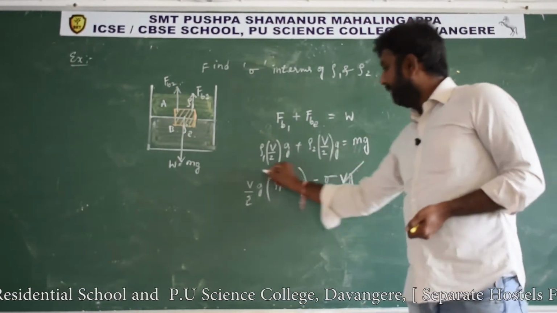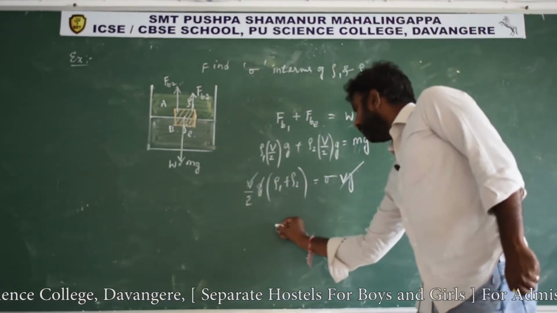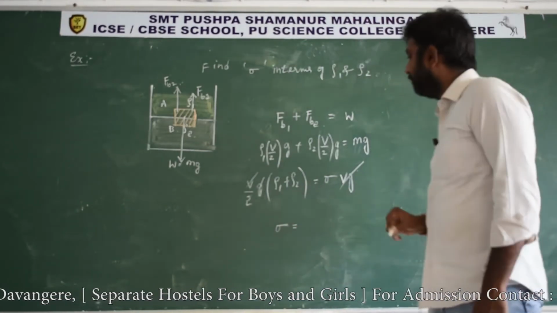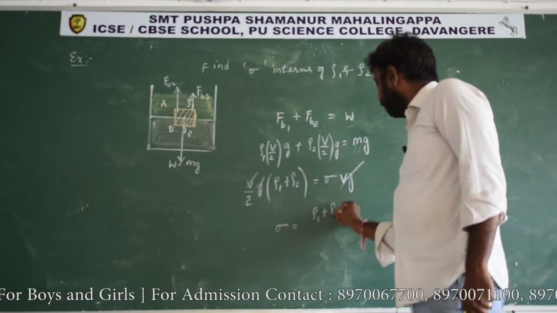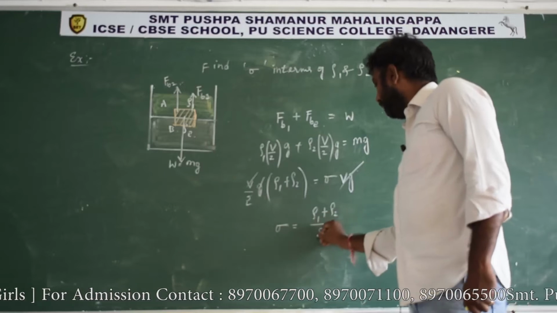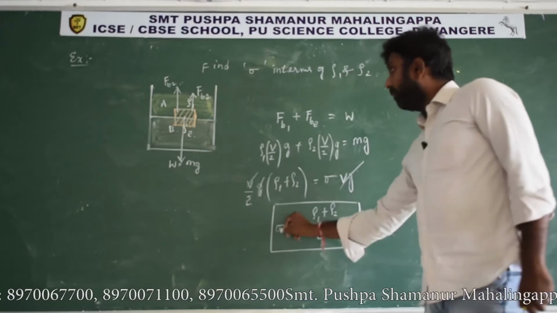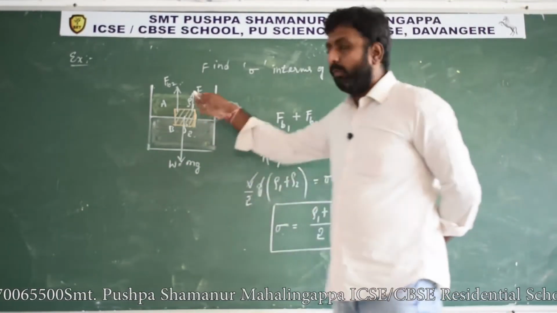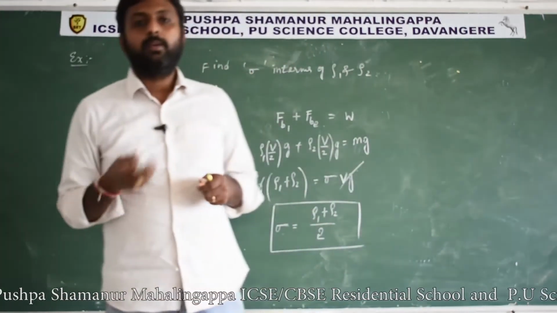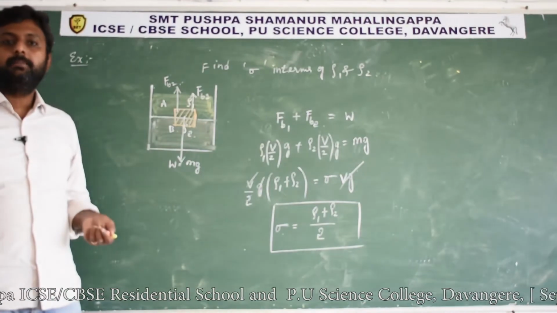And here this V G will cancel. Then what you will get? This sigma is equal to rho 1 plus rho 2 divided by 2. This is the final answer. The density of the object in terms of rho 1 and rho 2, where rho 1 and rho 2 are the densities of two different immiscible liquids.